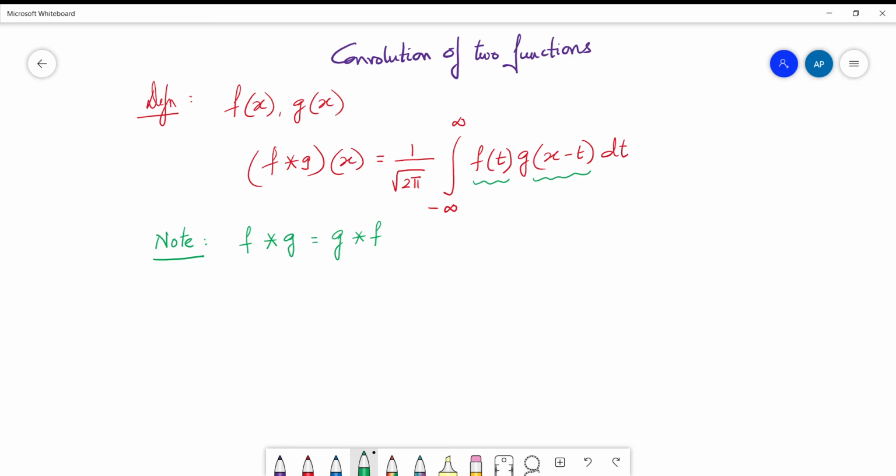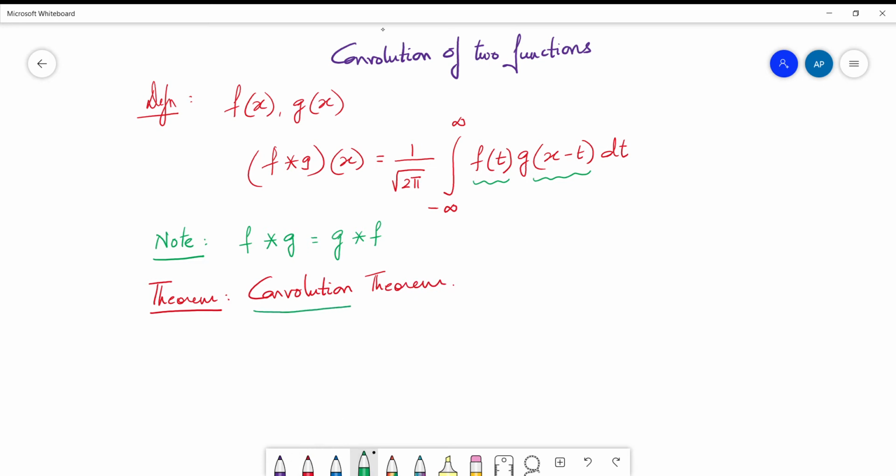So this is the definition of convolution, and making use of this definition, let us proceed further to state the theorem called the convolution theorem. This is a very important theorem, very widely applied. We also have a similar theorem for Laplace transform, and I'm sure people have learnt that theorem too.